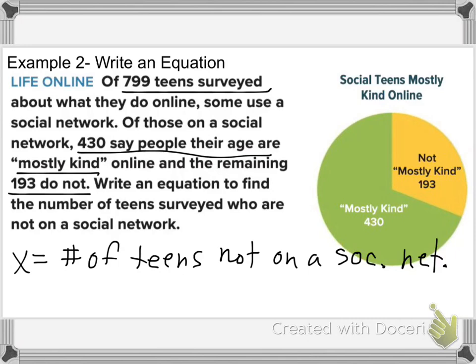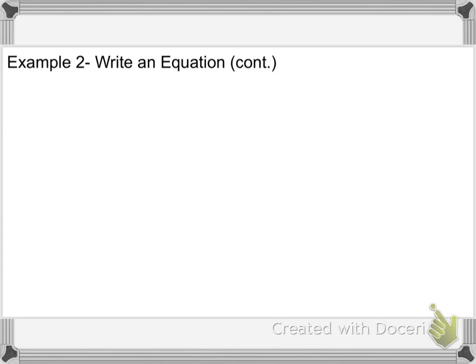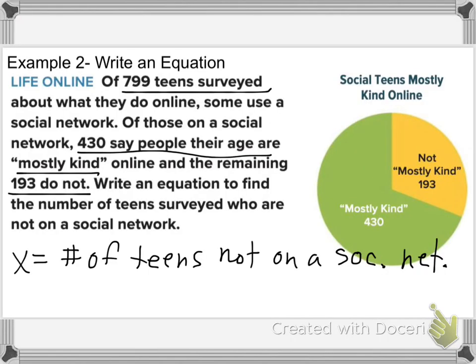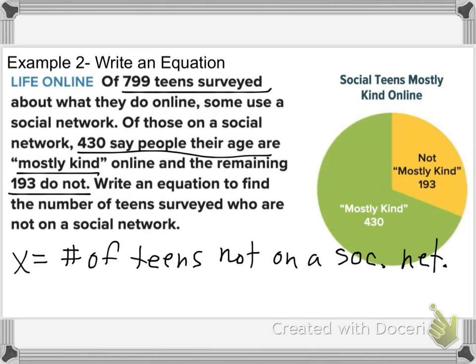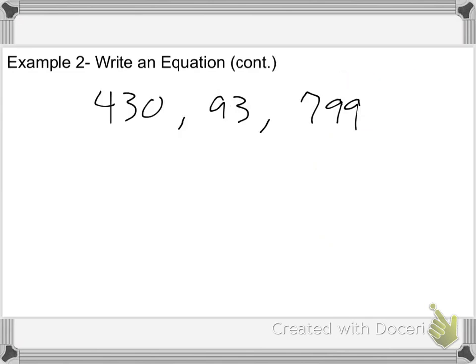So for my equation over here, we got 430, 193, 799. So this 430 and this 193 are representing the people that use a social network, right? So I'm going to add those two numbers.